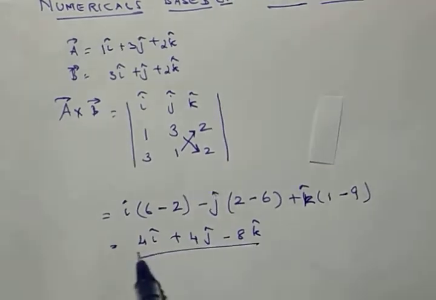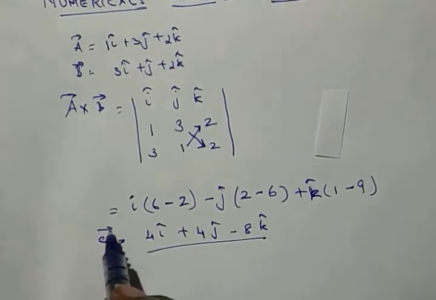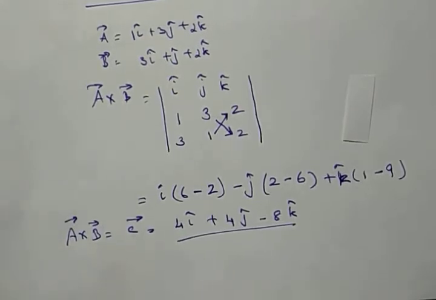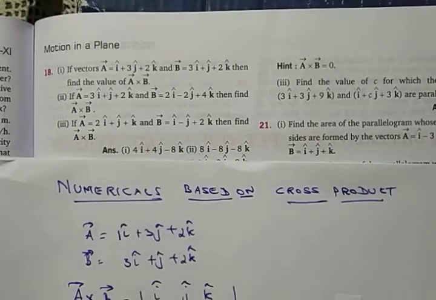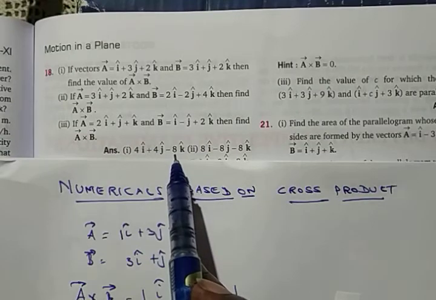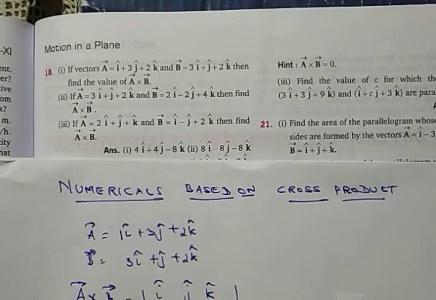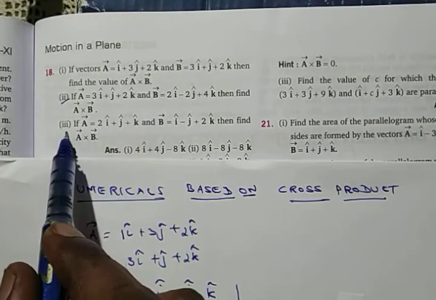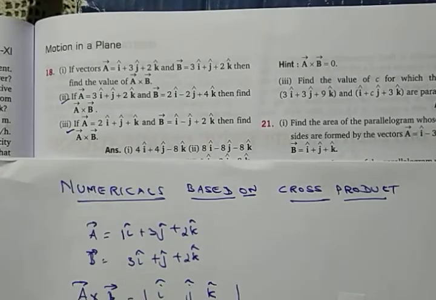So this is the value of C vector, that is A cross B. If you look at the answer also, it's already here: 4 i cap plus 4 j cap minus 8 k cap. So you can do the value of this one, and this one, you can do it as homework.